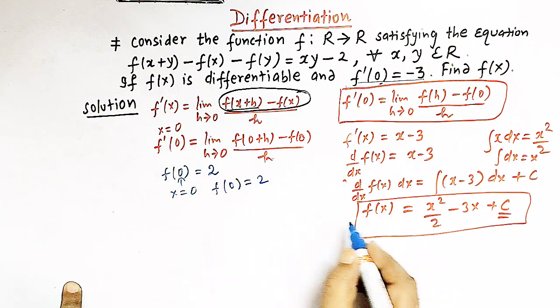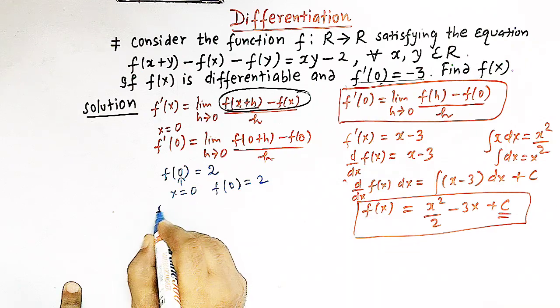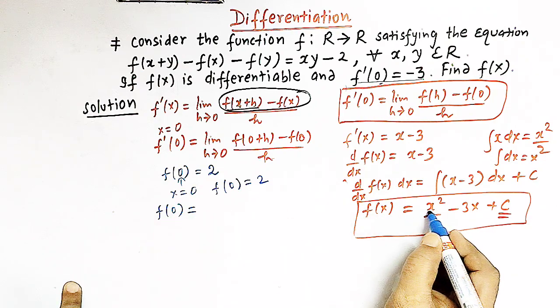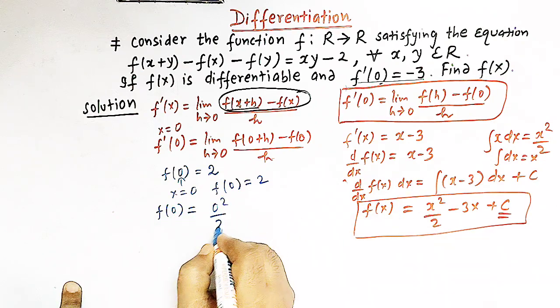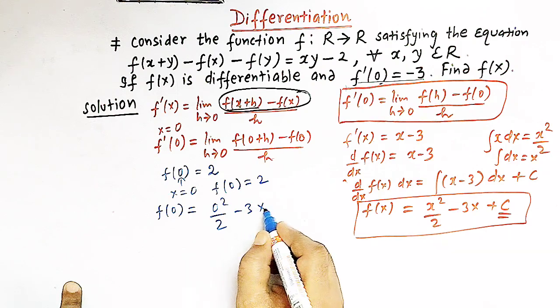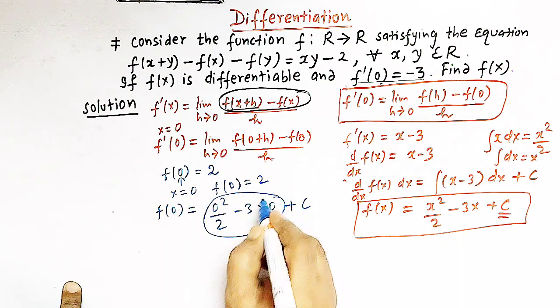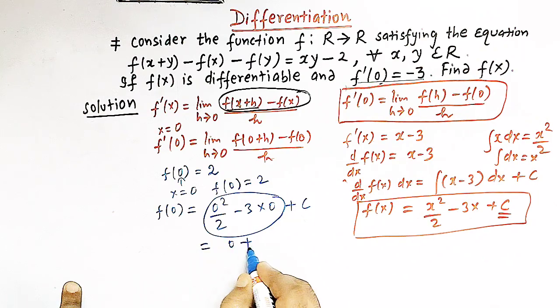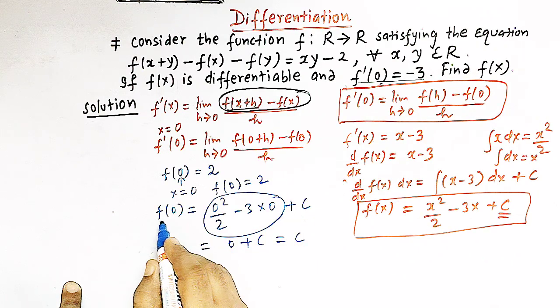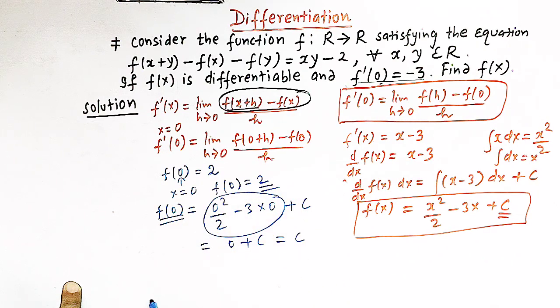So here taking x is equal to 0, we have f of 0. Here we have 0 square over 2. Here we have minus 3 times 0 plus c. So this term is equal to 0. So we have 0 plus c, that is c. And f of 0 is equal to 2. So the value of c is equal to 2.